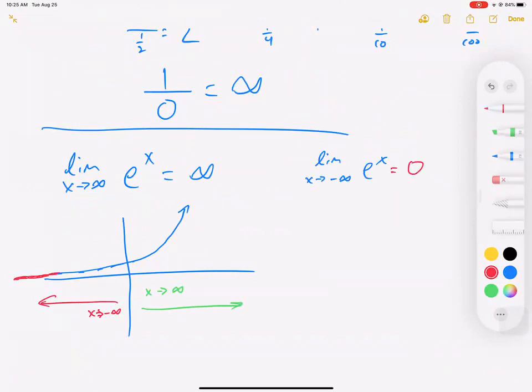Now, there's a couple of problems with this graph e to the x. First, could I actually plug in numbers that get me to infinity? No, you would never be able to plug in a number that got you to infinity. A million, a trillion, a billion. That will give you a large number, but it wouldn't give you infinity. So again, the idea of a limit helps me describe that situation.